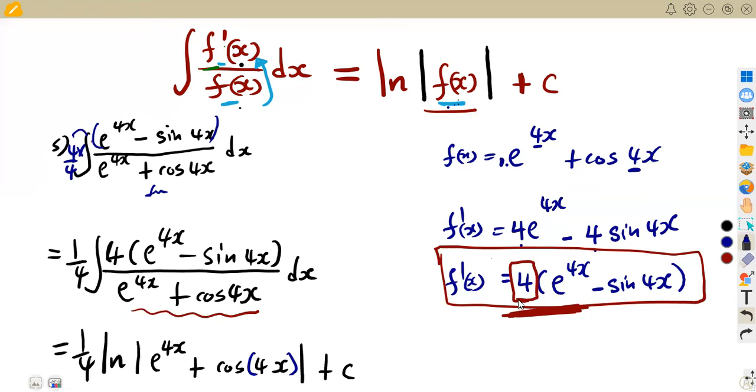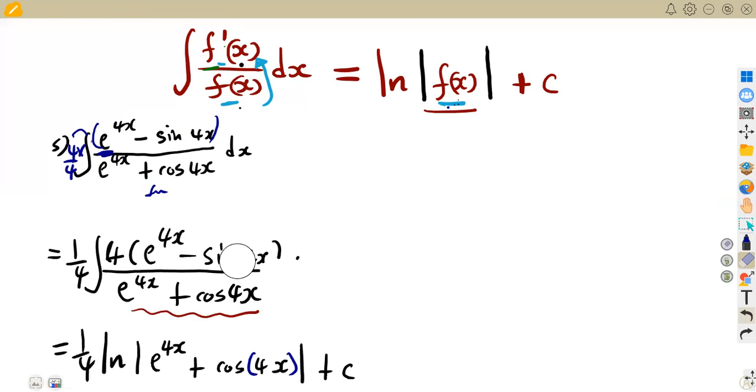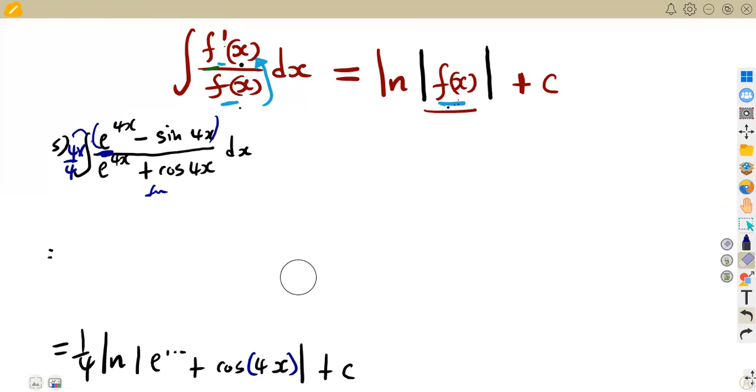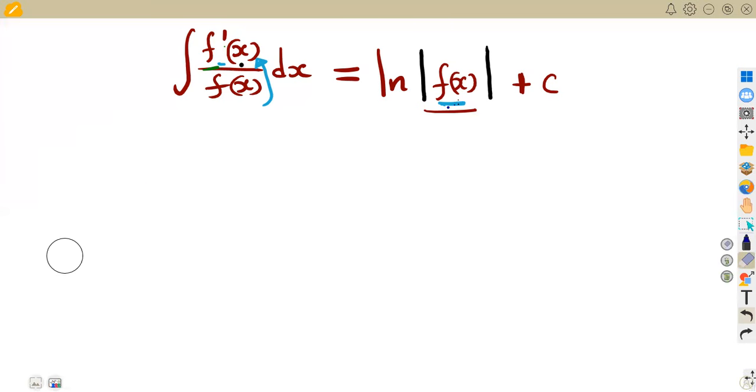So you have to make adjustments for the part that is not the same, to make it the same as the derivative you are supposed to have. Once you have that condition, apply the concept: ln f of x plus the constant of integration. You're done. So those are the typical questions. Like I said, they will try to play around with you along the lines, but it's actually nothing.